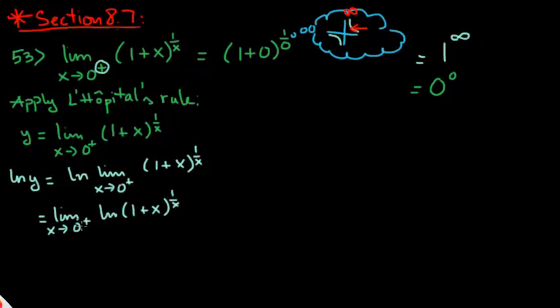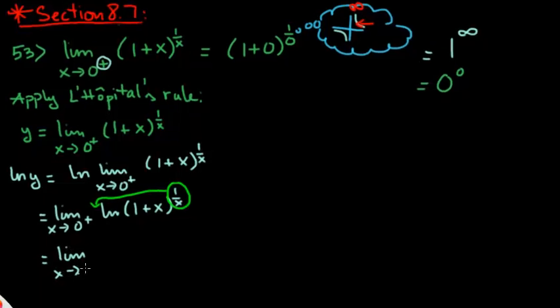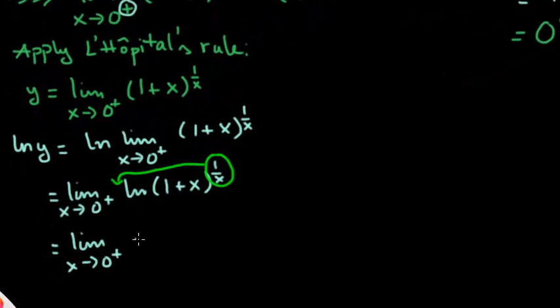Then we use the power rule, bringing the exponent 1 over x to the front of the logarithm. That will give me the limit as x approaches 0 from the positive side of 1 over x times the logarithm of 1 + x, like this.